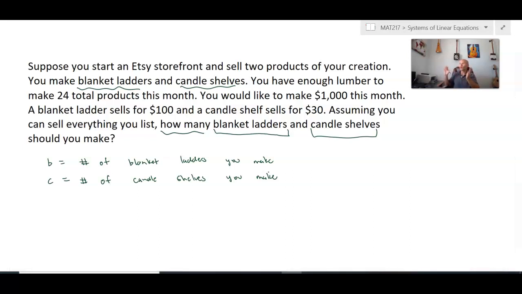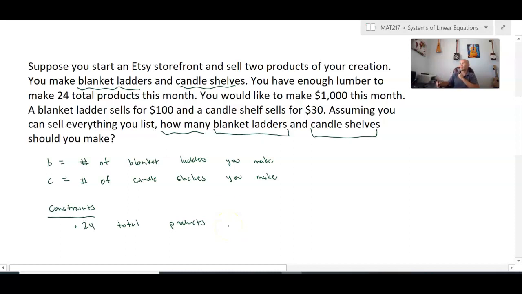Now you have equations that are sort of implied in this statement. You have enough lumber to make 24 total products this month. So that's one of what we'll call the constraints, right? You're not just going to make as many as you want. Your constraint is that you make 24 total products. That's required. That's what you need to make.